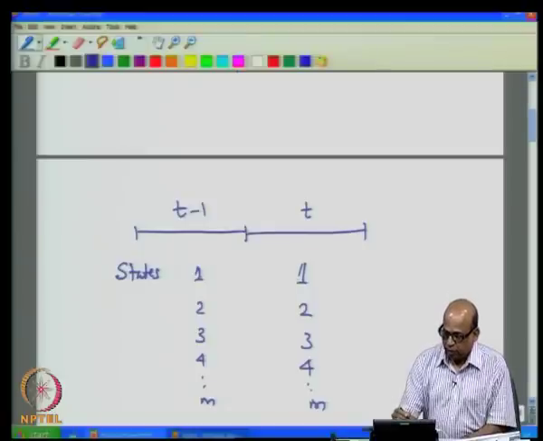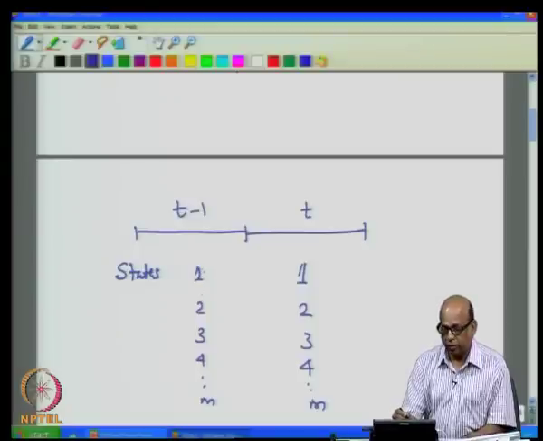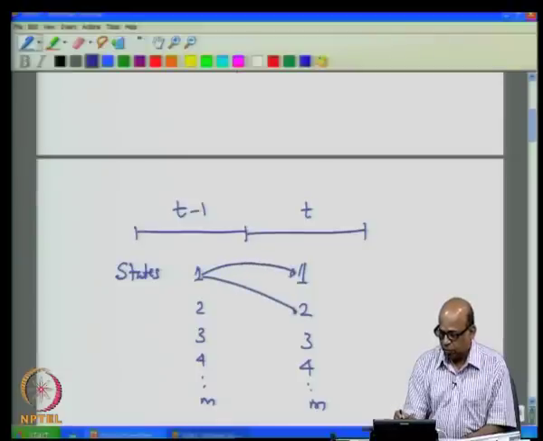Now, starting with a particular state, let us say at t minus 1 we were in state 1, the process was in state 1. It can go to state number 1, state number 2, state number 3 and so on, state number m.